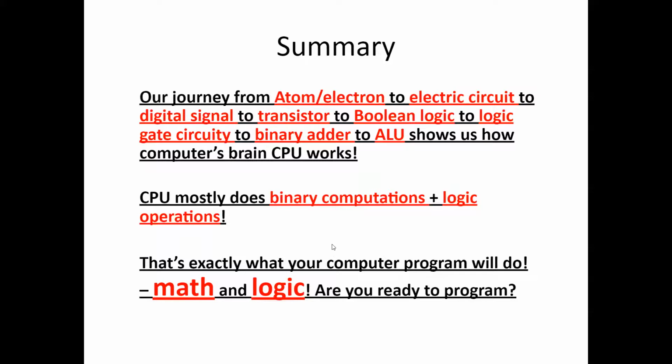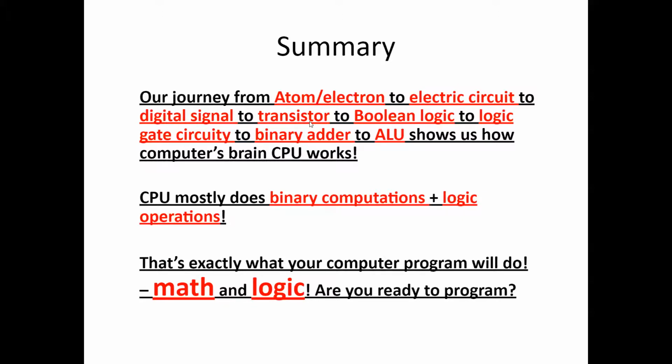So in summary, we went from the atom or electron to the electrical circuit. We saw how in the electrical circuit there was an on and off state, which led us to the digital signal with a switch. From the digital signal, we figured out how the computer would control it using the transistor or a semiconductor or relay.